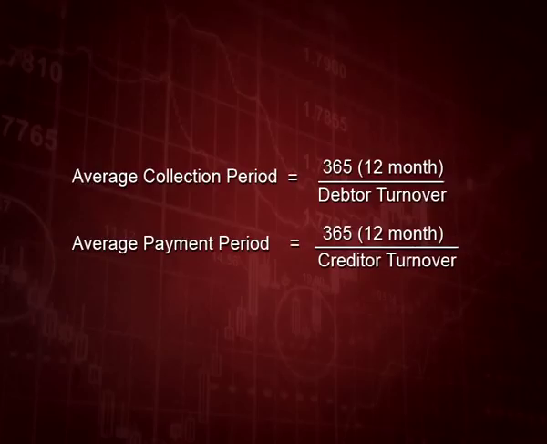The next formula is average payment period related to creditor turnover. The formula is almost the same, 365 days or 12 months, but divided by creditor turnover, because we are dealing with the payment part, right. So, you just have to remember, in collection part we are dealing with debtors and in payment part we are dealing with creditors, very simple.